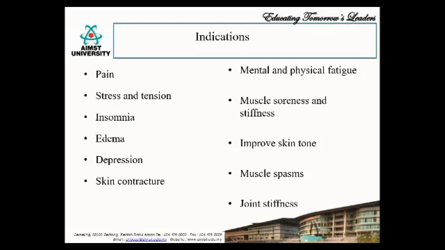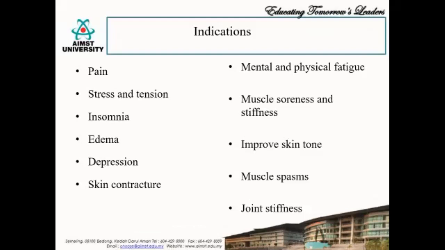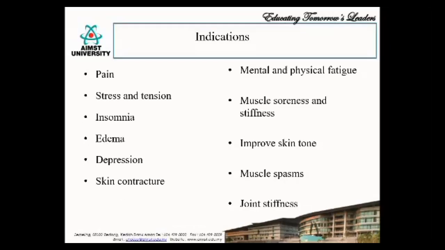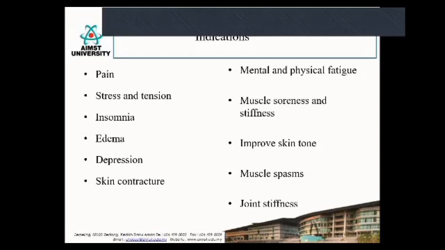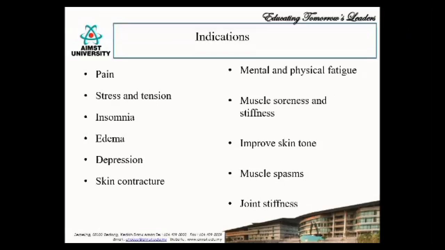Okay. Then next, it will help you to improve the skin tone. That's what happens in a spa, and that's why we go to a beauty parlor for a facial massage. Then muscle spasm, it will reduce stiffness and muscle spasm. Then joint stiffness. Some techniques will help you to improve this joint stiffness. Like your peripheral joint mobilization, this massage can also be used to reduce the joint stiffness.